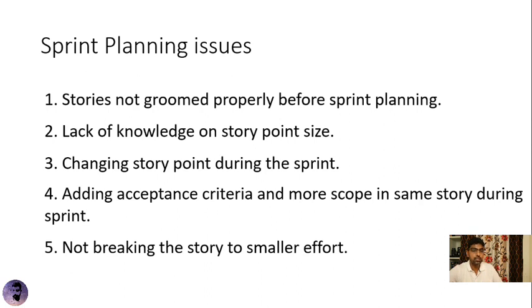Otherwise, we will be sticking to one story that will never end for 5 to 6 sprints, which will eventually get escalated, and the team member would be questioned. So in order to avoid all these issues, it is better to groom properly, get a good understanding of story point estimation, and break the stories into smaller stories.